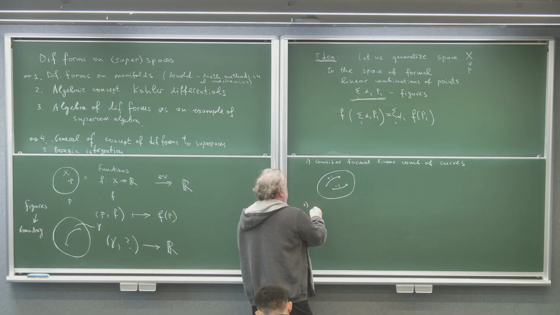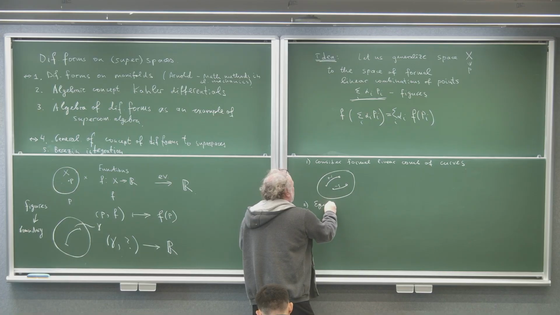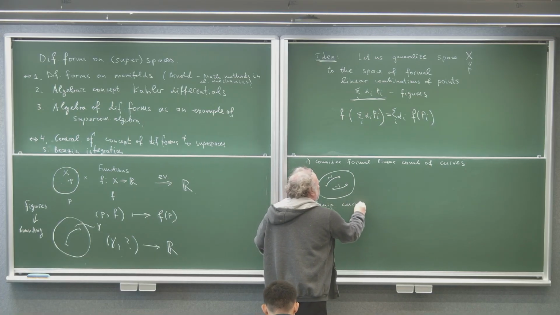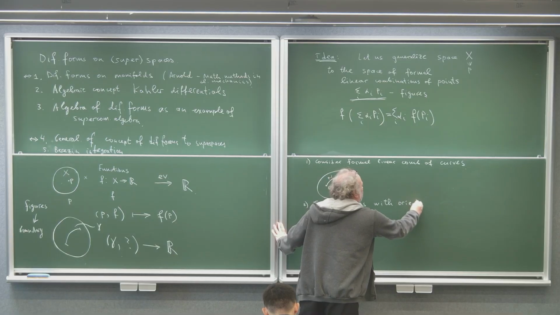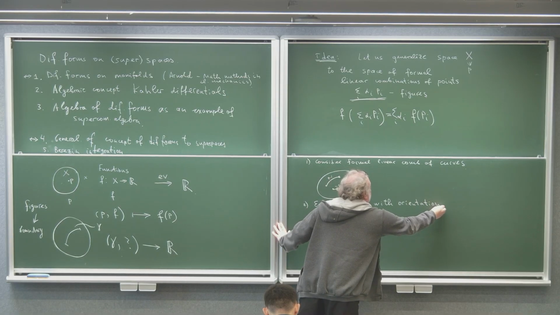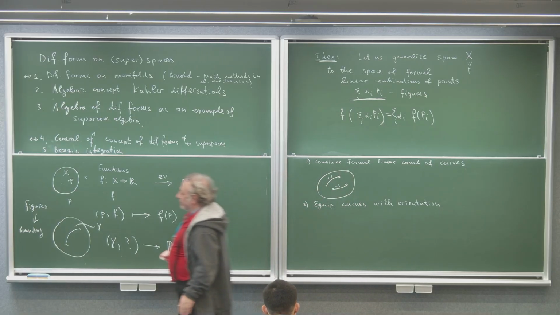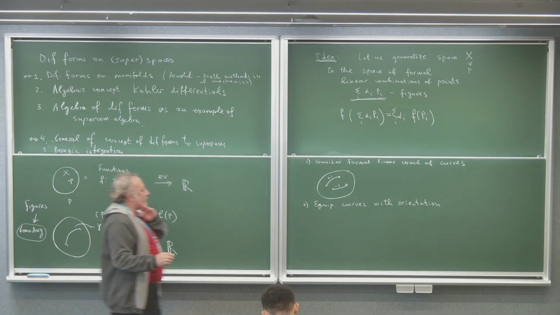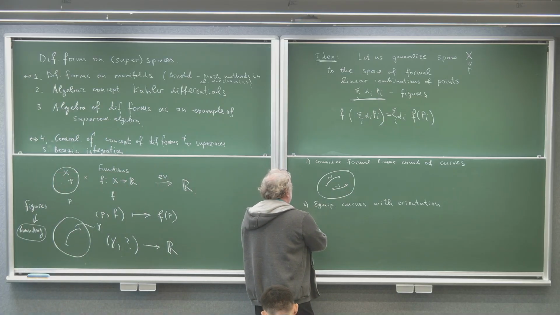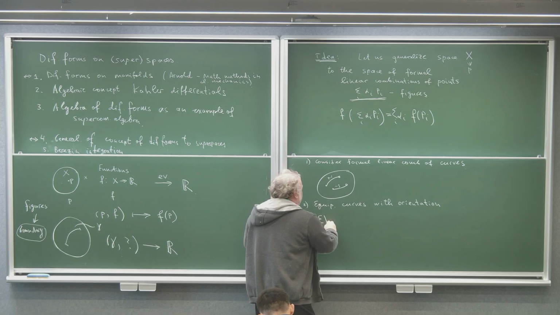Second, we need orientation, because we are going to take a boundary and we need to know orientation of the boundary. Third, we would like to have this F map.